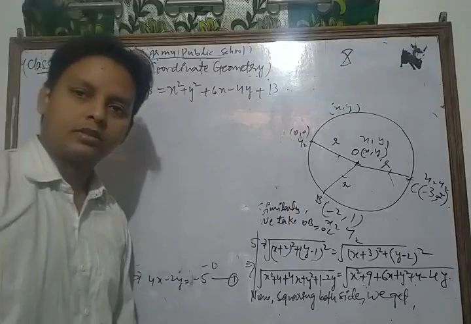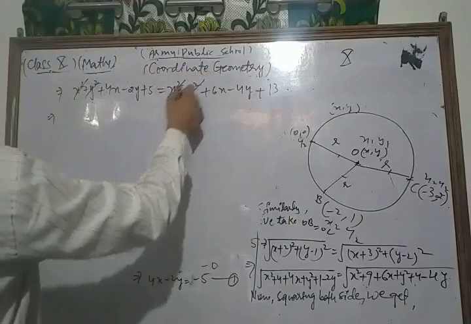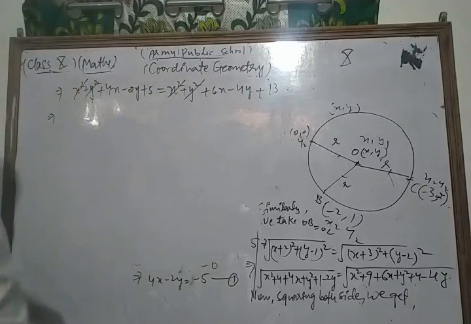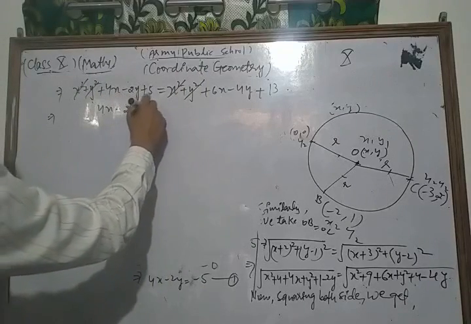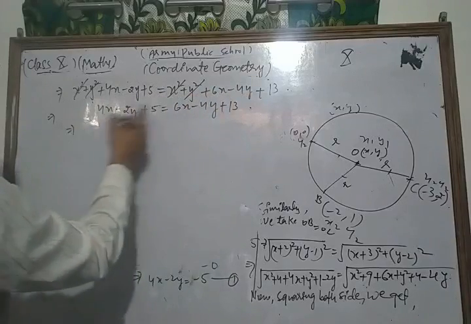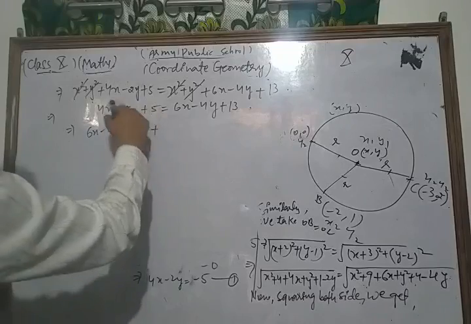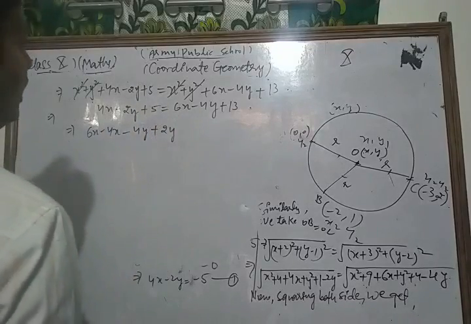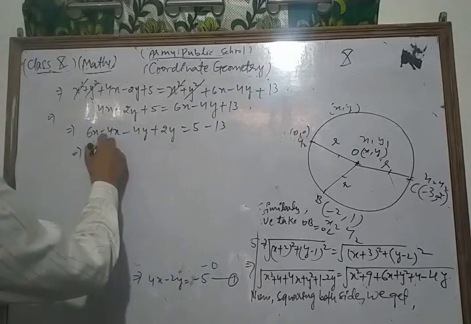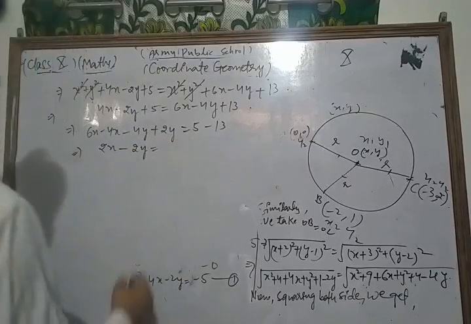Now we simplify, x square y square cancel each other, so we get 4x minus 2y plus 5 is equal to 6x minus 4y plus 13. Now we take 6x minus 4x, transfer minus 4y to that side as plus 2y, and 5 minus 13, so we get 2x minus 2y is equal to minus 8.